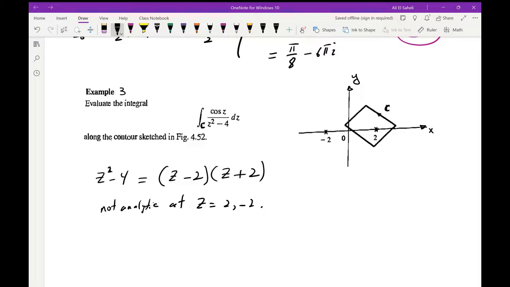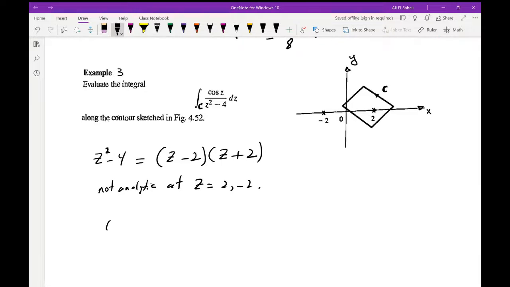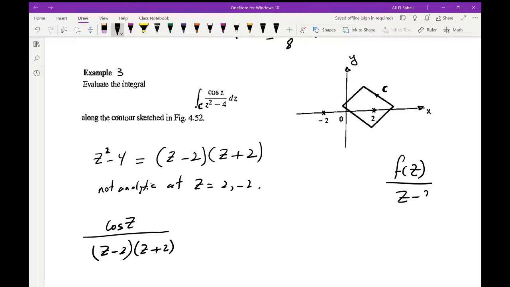So what we need to do is the following. We write our function cosine z over z minus 2, z plus 2. We want to write it in this form, f of z over z minus 2.